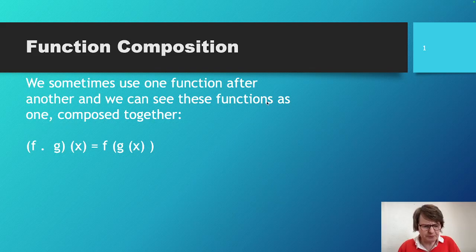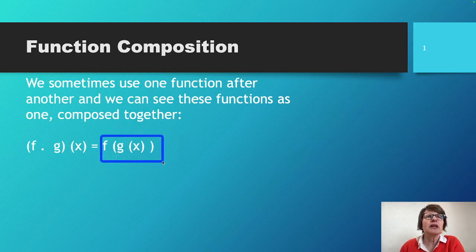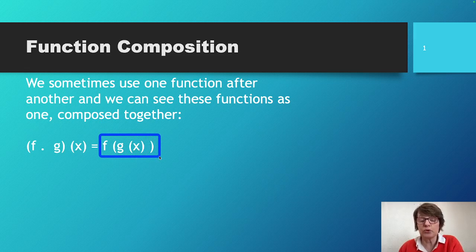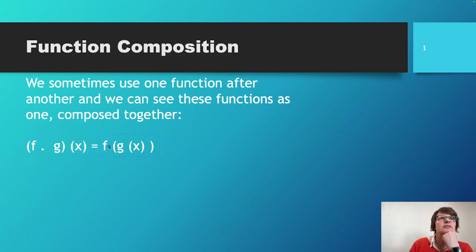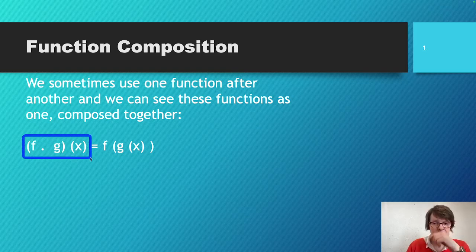Basically we can see that if we have this idea here, it means we apply g to x, and whatever the result of that is, we apply f to that amount. And if we can do that, we take this pattern and say we can rewrite it like that on x. Okay?